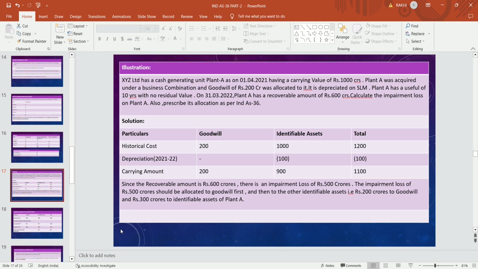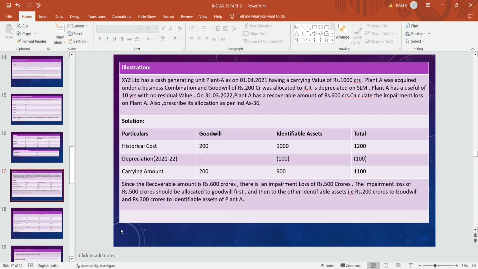And the carrying value of that plant as on 1st April 2021 is 1000 crores. Plant A was acquired under business combination and goodwill of rupees 200 crores was allocated to it. It is depreciated on SLM basis, and plant A has a useful life of 10 years with no residual value.